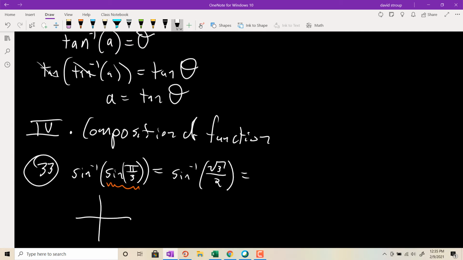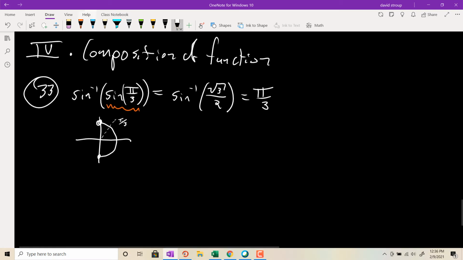Then you go to your unit circle. I'm in between negative pi over 2 and pi over 2. The reference angle that gives me root 3 over 2 is pi over 3. So the answer is pi over 3. What you want to be careful of is to not accidentally think that the sine and the inverse sine always cancel and just leave you with the pi over 3.